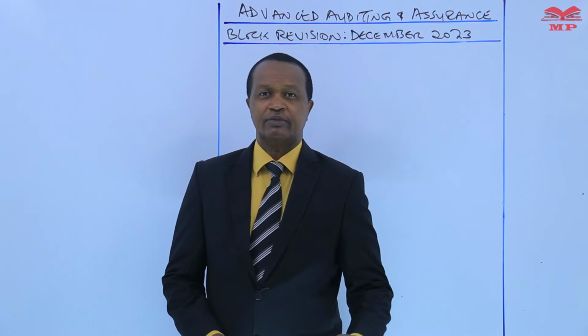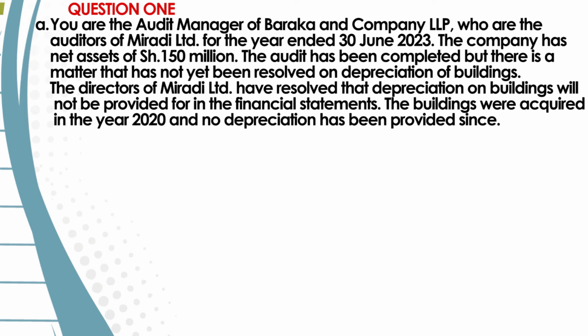So let us begin by answering question number 1, which reads, Part A, you are the audit manager of Baraka and Company LLP, who are the auditors of Miradi Limited for the year ended 30th June 2023. The company has net assets of 150 million. The audit has been completed, but there is a matter that has not yet been resolved on depreciation of buildings.